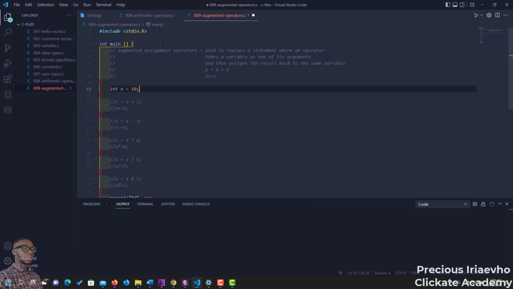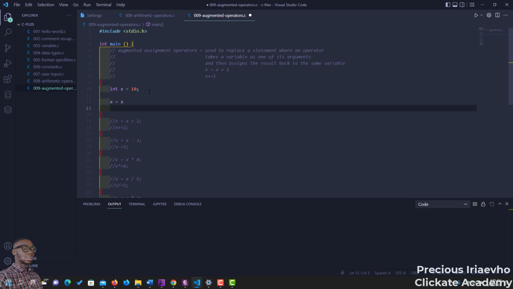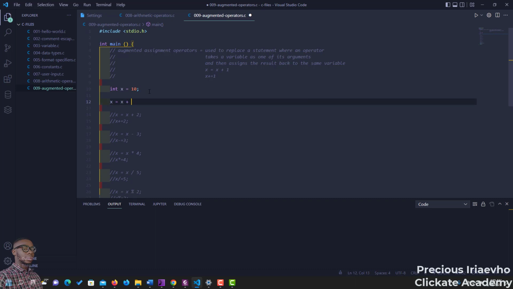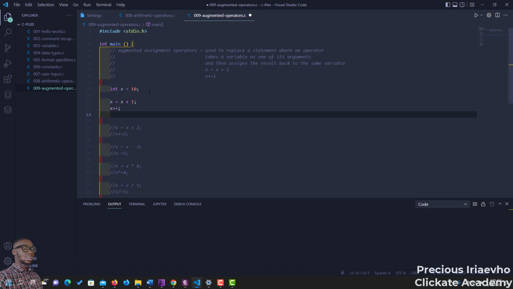So what are augmented assignment operators? They are used to replace a statement where an operator takes a variable as one of its arguments and then assigns the result back to the same variable. So where we had x is equal to x plus 1 from the last video, and we could do it as x plus plus, we can also do it as x plus is equal to 1.